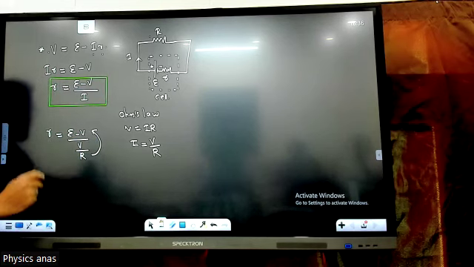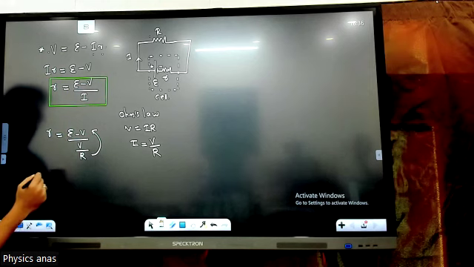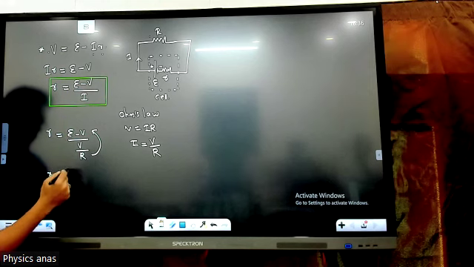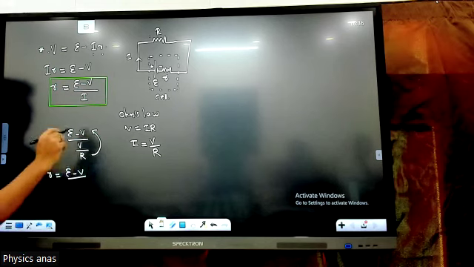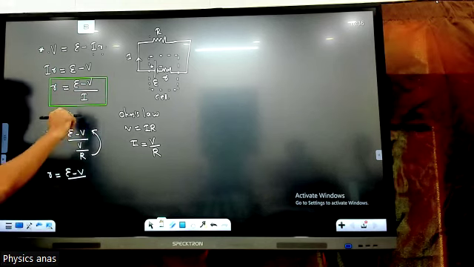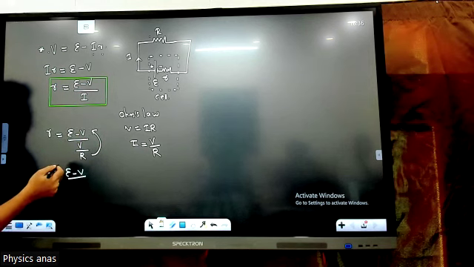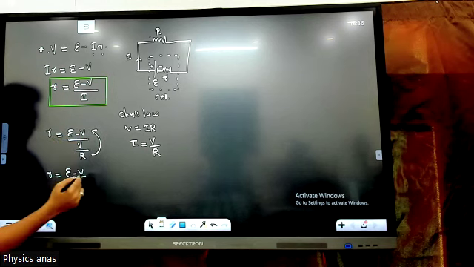Take the reciprocal and multiply. So small r will be E minus V into R by V.